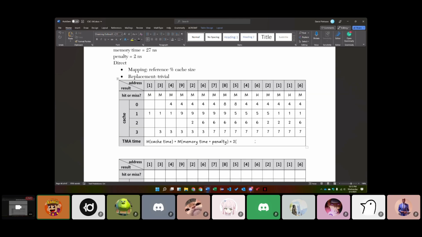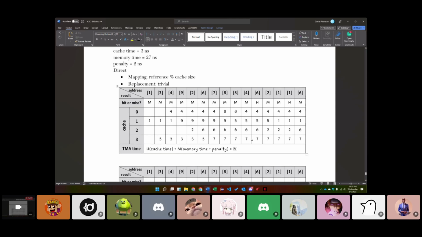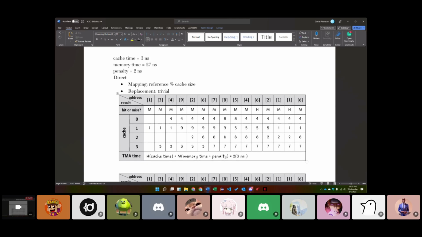So 2 times the cache time, which is 3, plus 13 times 27 memory time plus 2 ns penalty time.